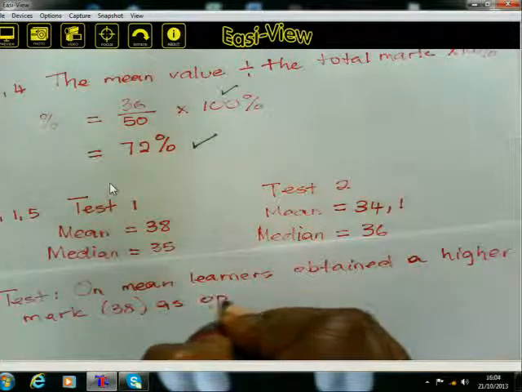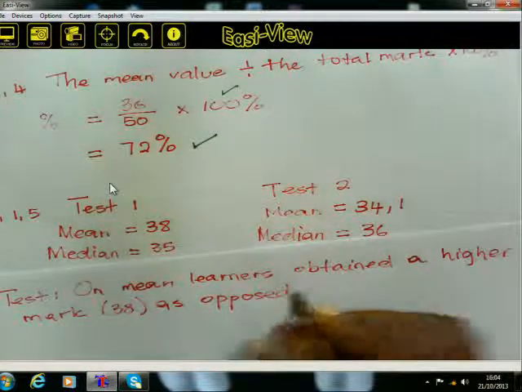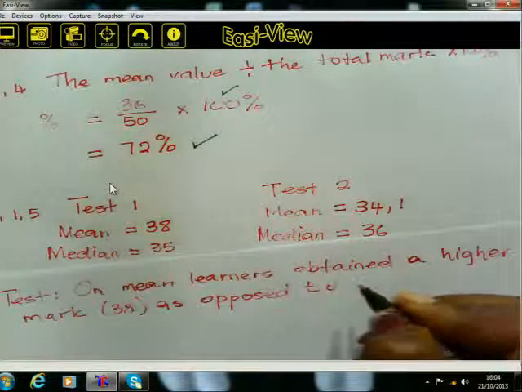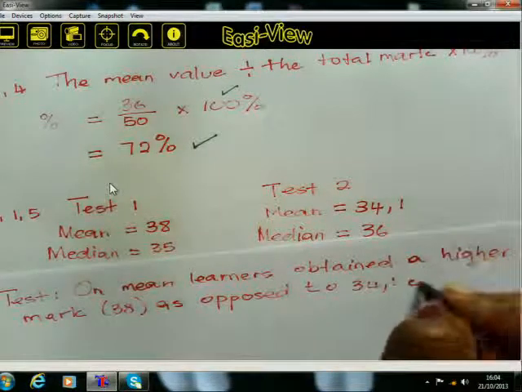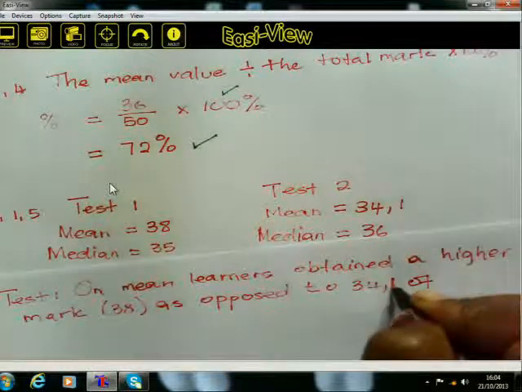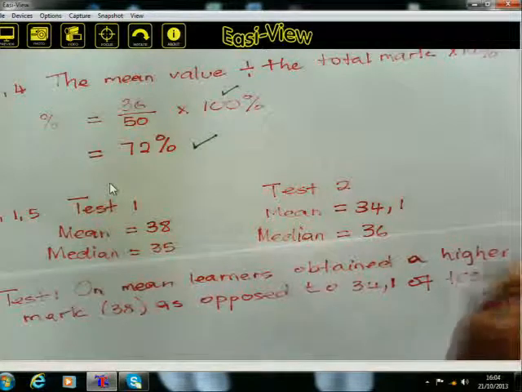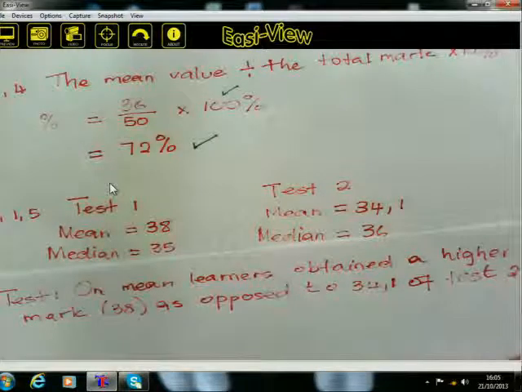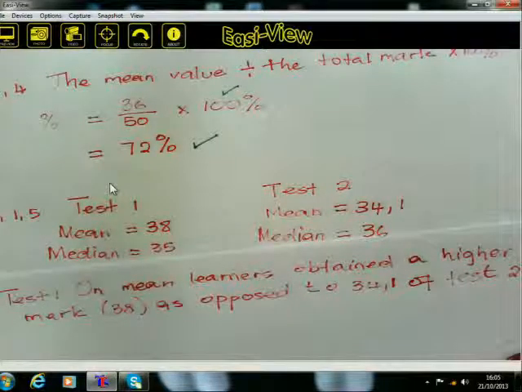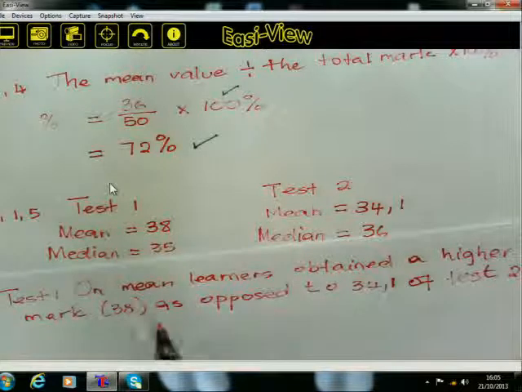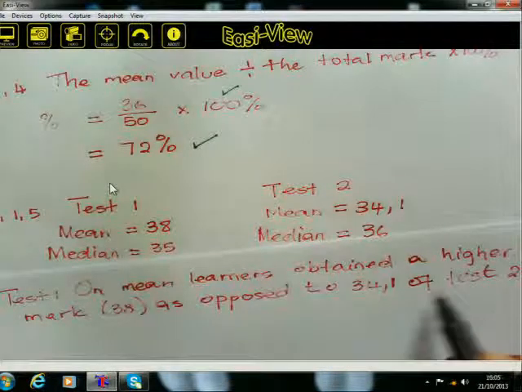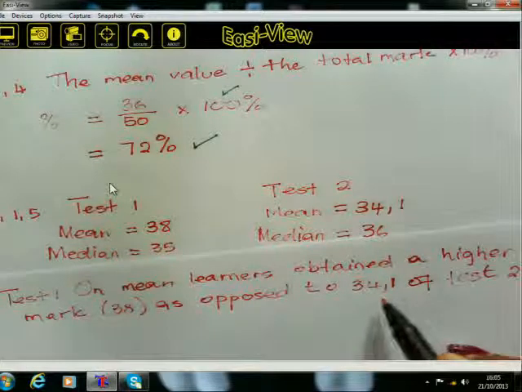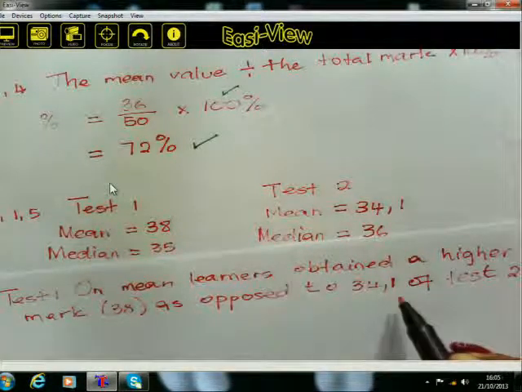As opposed to 34,1 of test 2. As you can see, it means that in test 1, learners had obtained higher mark, and on test 2, they have obtained lower marks, which is 34,1.